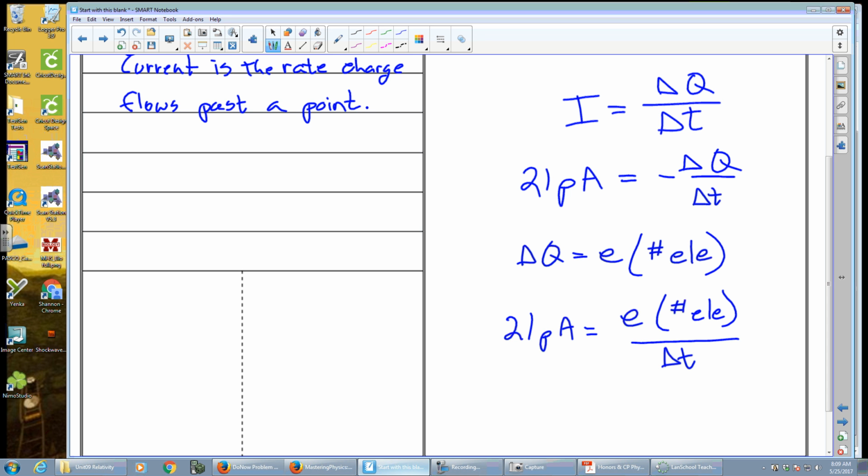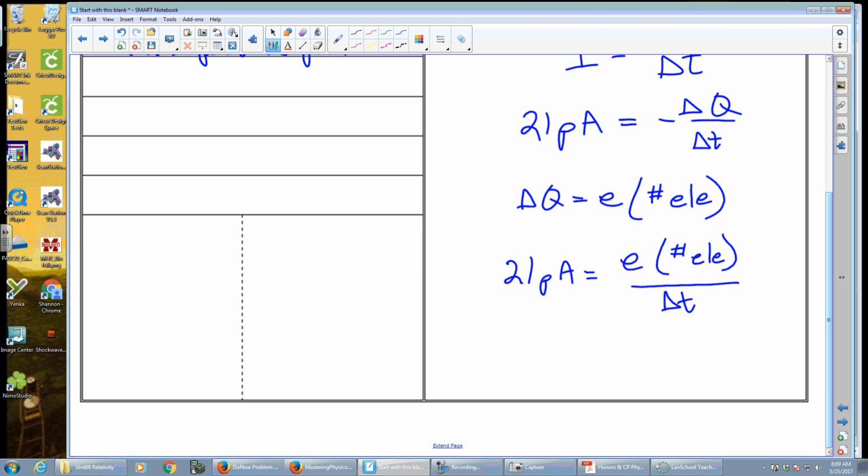Oh, it didn't come out on your screen? And so you're going to end up with, in my notation, number of electrons per time will be your final answer.